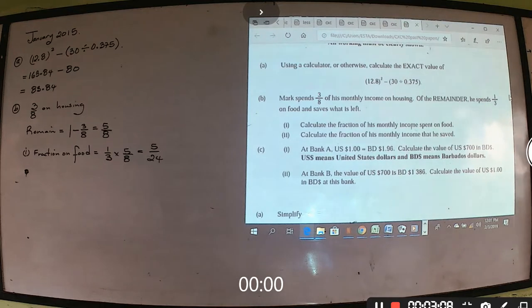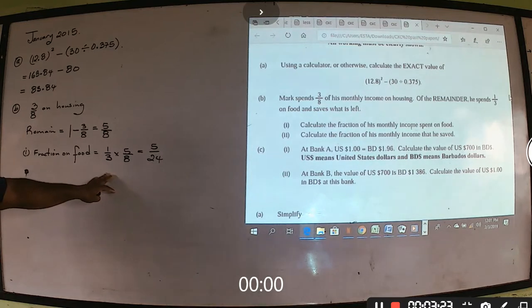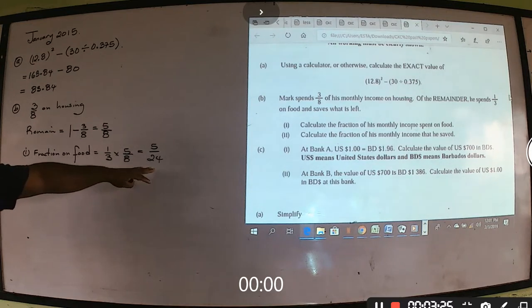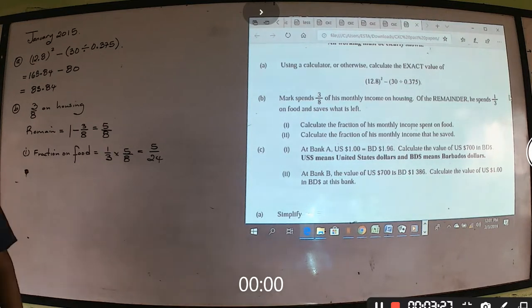Calculate the fraction of his monthly income that he saves. Of the remainder, he spent 1/3 on food and saved what is left.